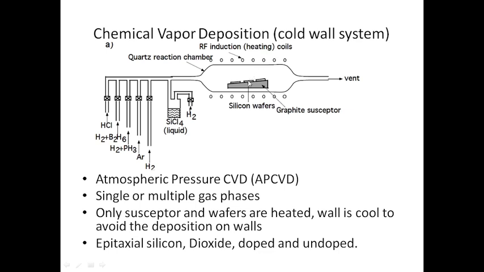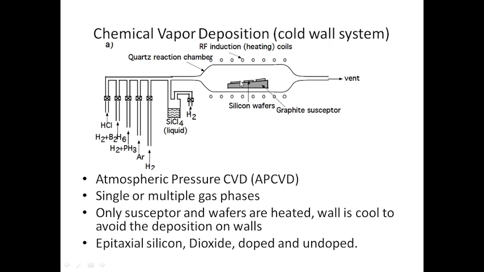So it actually heats up only the wafer and the graphite susceptor. When it is heated up, only the susceptors and wafers are heated. The wall is kept cool to avoid deposition on the walls. Suppose the wall is also hot, the deposition will also happen on its surface. To avoid that, it will be kept cool.